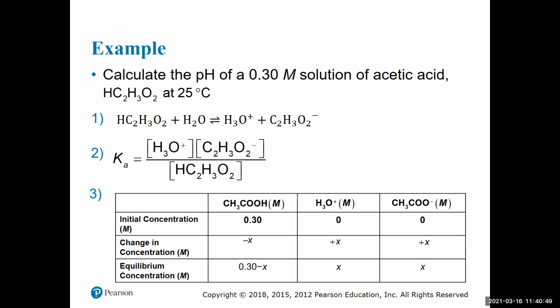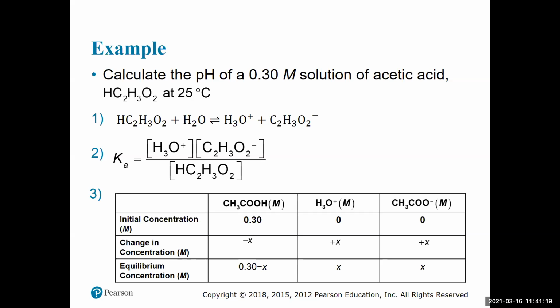And then we have a change in concentration. Some amount of the acetic acid dissociates, and we'll define that amount as X. It's going to be X formed, or X across the board, because the stoichiometry of the reaction tells us it's all 1 to 1 to 1. So we have minus X as the change for the acetic acid, then plus X for the change in hydrogen ions and acetate ions.